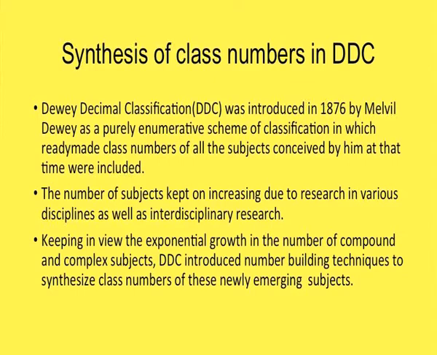The number of subjects kept on increasing due to research in various disciplines as well as interdisciplinary research. Keeping in view the exponential growth in the number of compound and complex subjects, DDC introduced a number of techniques for building the class numbers for these newly emerging subjects.